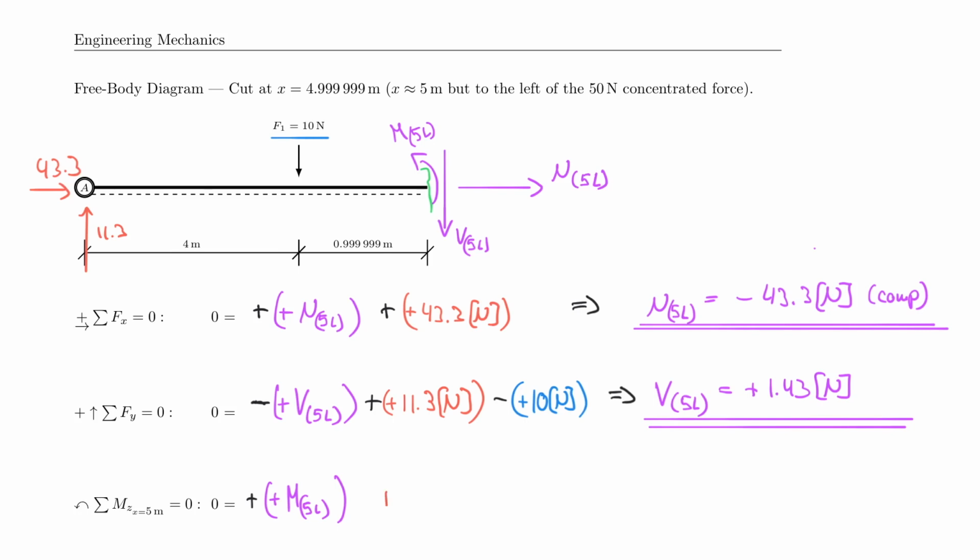Let's first start with the 11.3 Newton multiplied by, what's the lever arm? 5 meters, right? Or 4.99999, which is really 5 meters. Put this in parentheses or brackets and give it a rotational sense, which in this case is really clockwise. Therefore, we'll make that negative.